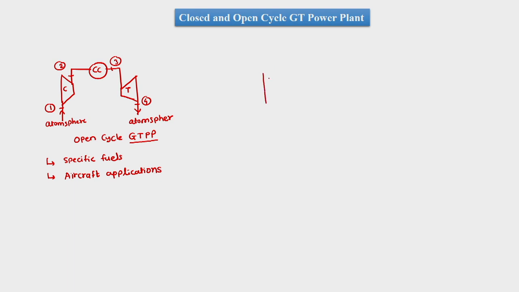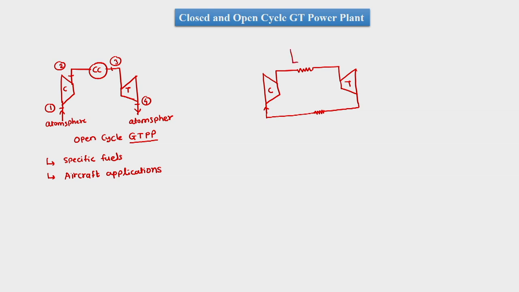In a closed cycle gas turbine power plant, we first have air coming to the compressor, and then we do not have combustion here, but we have heat transfer, which is basically heat addition at isobaric condition, and then we have the turbine. The turbine exhaust is further passed into a heat exchanger, which cools down the gas, and then the same gas is transferred to the compressor.